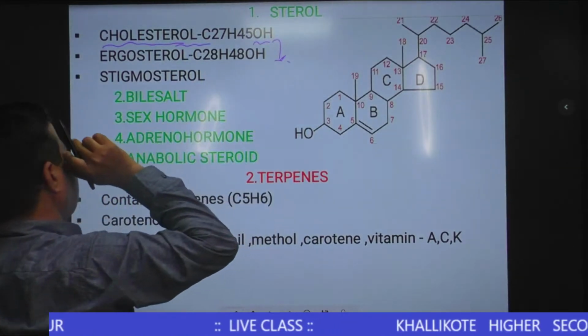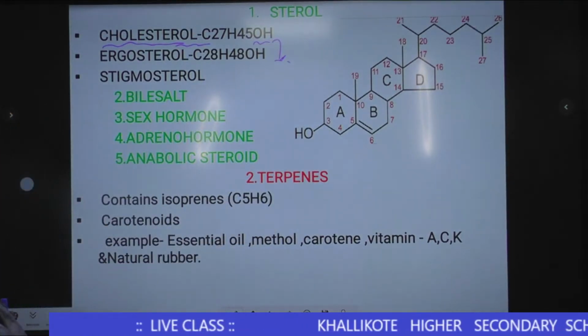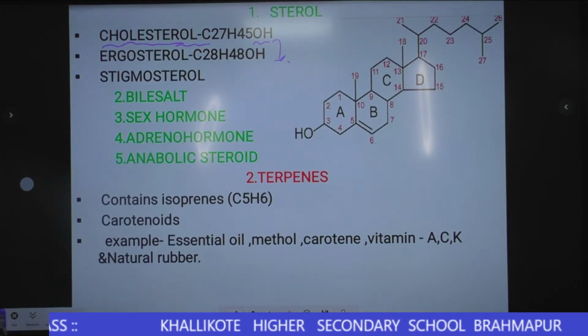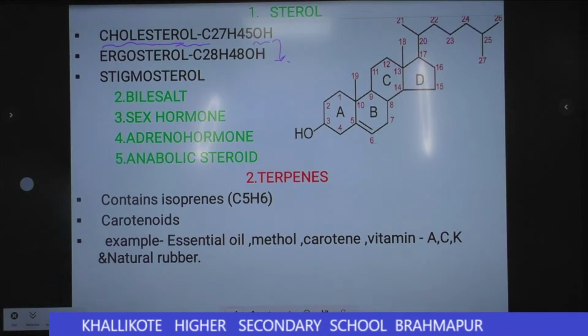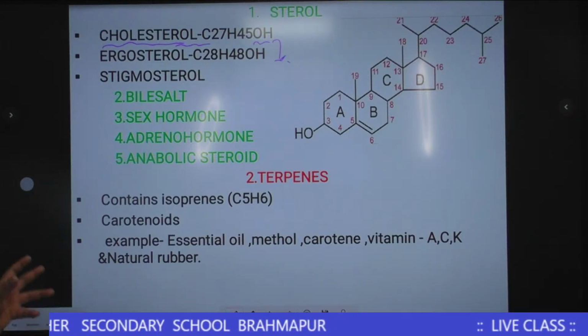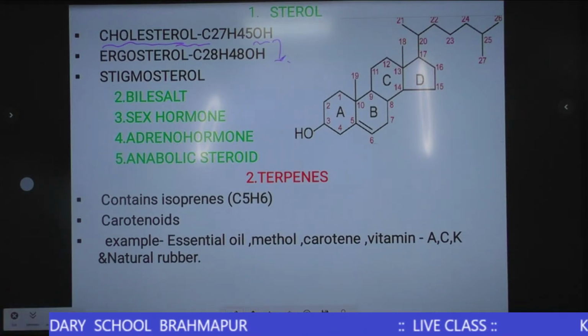That is very essential for our body, but if its concentration is more in the blood, it has a highly harmful effect on our body.